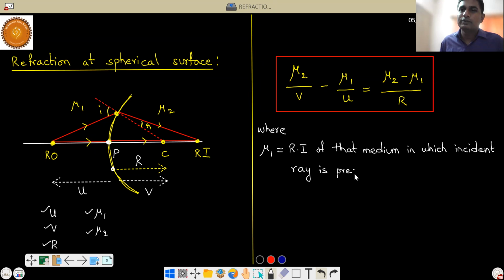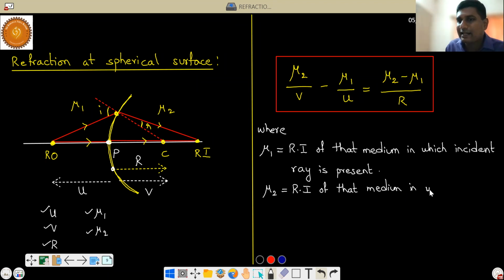Or in other words, we can also say the refractive index of that medium in which the object is present, because incident ray and object are related. Next, mu2 is the refractive index of that medium in which the refracted ray is present.